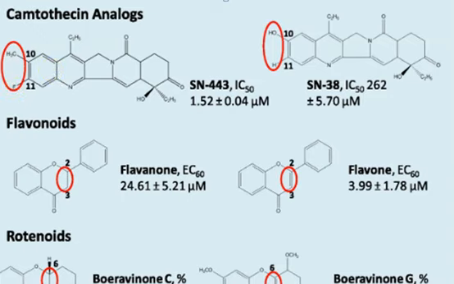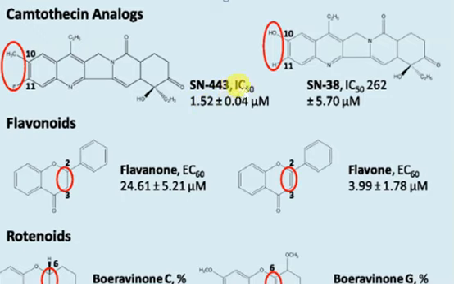This is ring A, and we have two substituents here. We have a methyl group here and a fluorine group here, at carbon 10 and 11. Just see the IC50 value, right? This is the inhibitory concentration, so it means that in order to inhibit something, you must have a lower value, right?